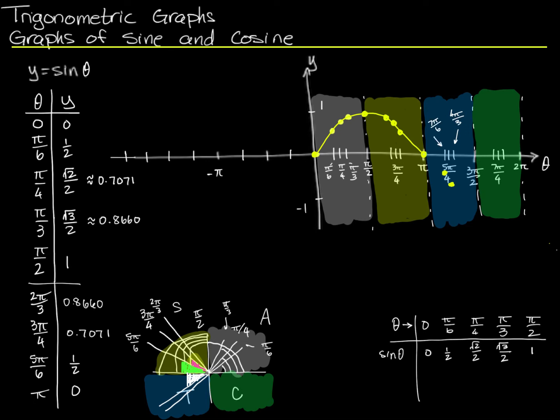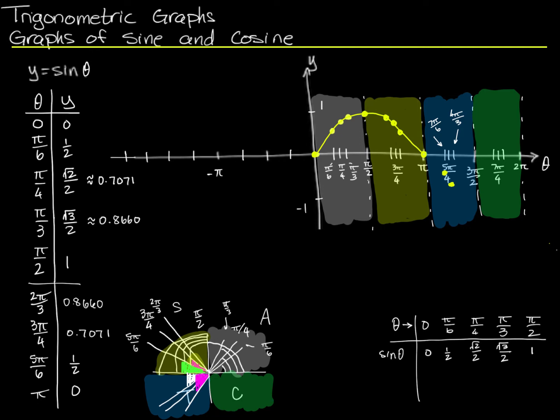All right, so for 4 pi over 3, I don't have that drawn down here yet. The angle, let's highlight it with something. I'll use pink. This angle right here, this is a reference angle of pi over 3. It's that size.